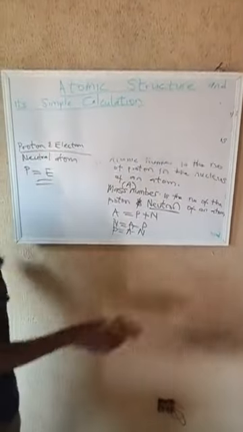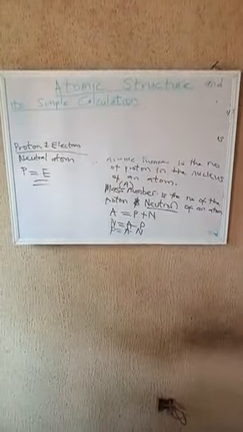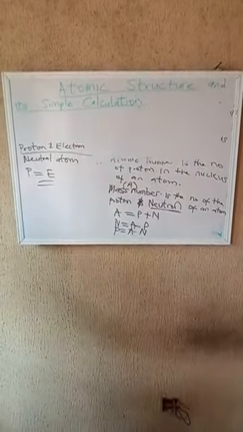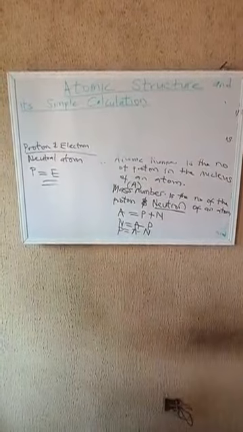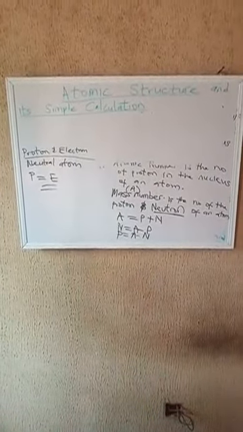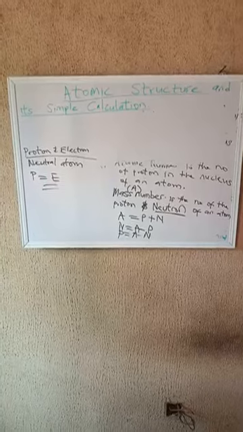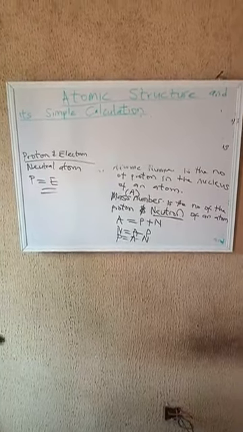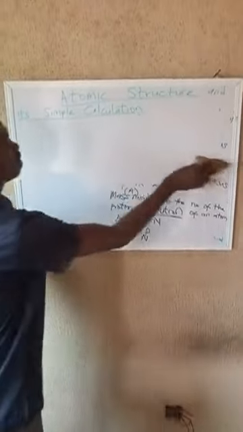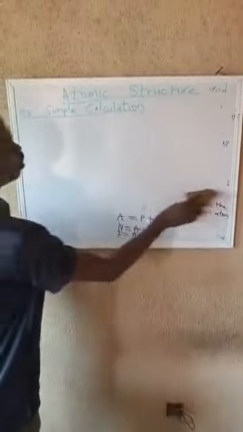So that's just a simple explanation or analysis about the atomic structure. There are other things we can derive, but as we continue in the lesson, we are going to find out. Let's now look at some simple questions under the atomic structure.